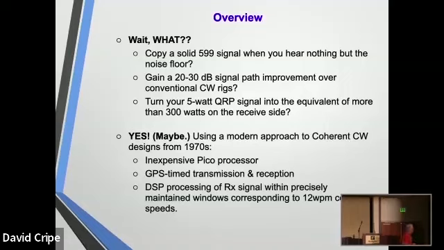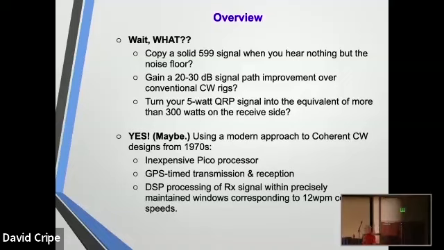Bottom line is that with CCW, what I'll be describing is that you're going to be able to hear signals that are essentially at and below the noise floor. Now, many of us know that we can do that with digital signals today, the digital modes with WSJT-X. I mean, it's just wonderful.